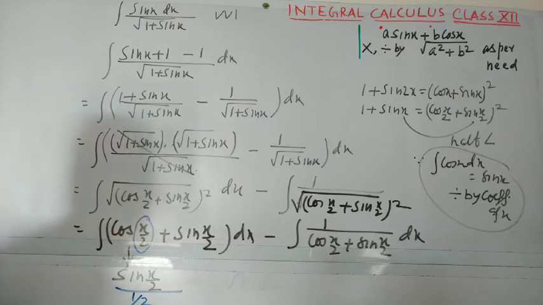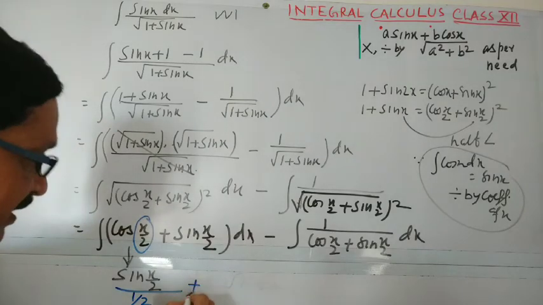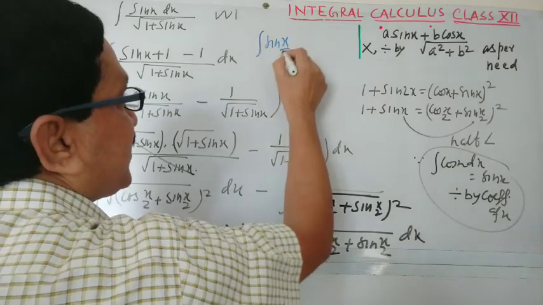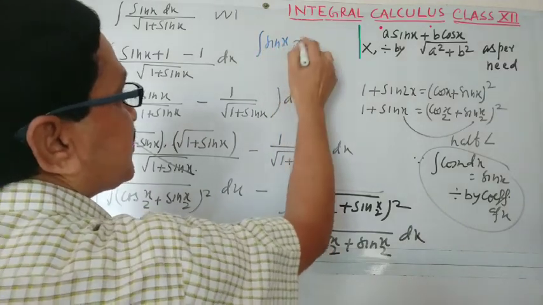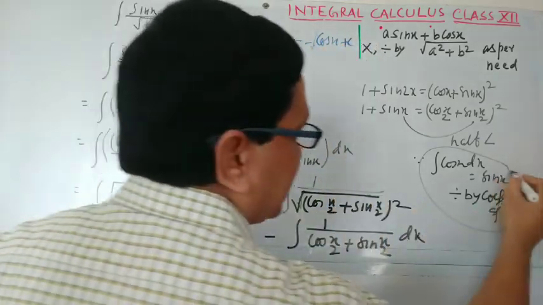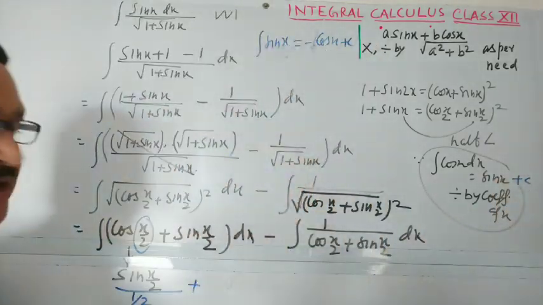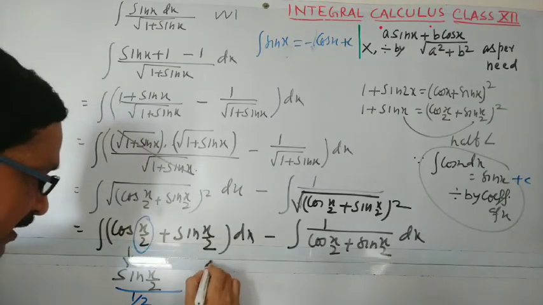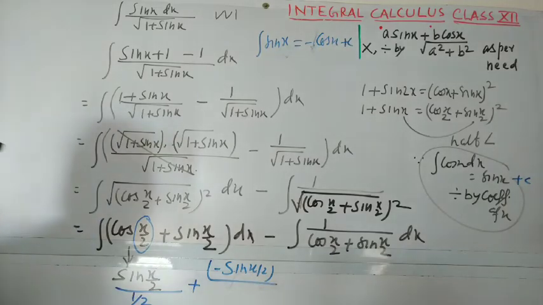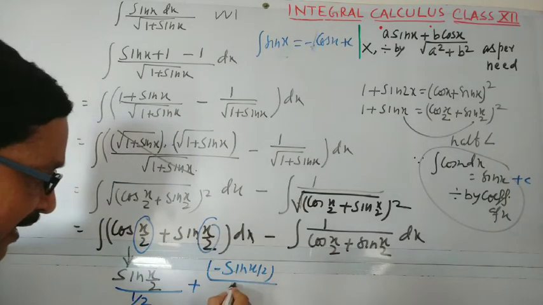After that, plus again integration of sin x by 2. We know that integration of sin x is minus cos x, plus C naturally everywhere. So this is minus cos x by 2 and divide by the coefficient of x. Again the coefficient of x is 1 by 2.